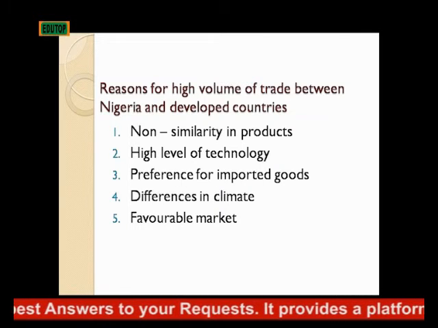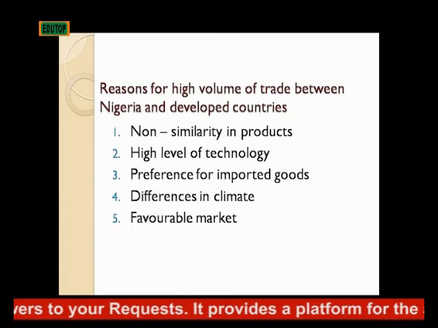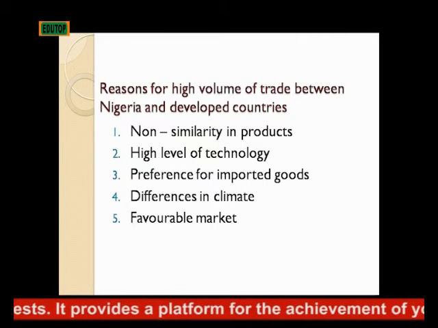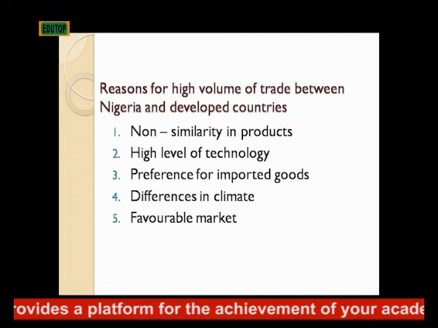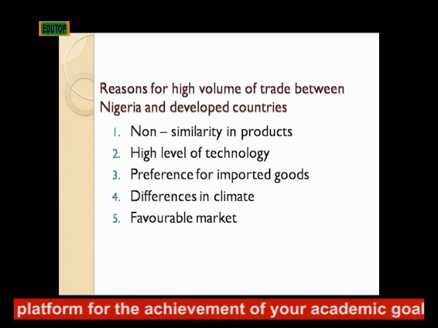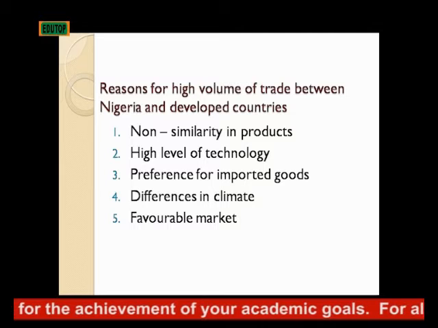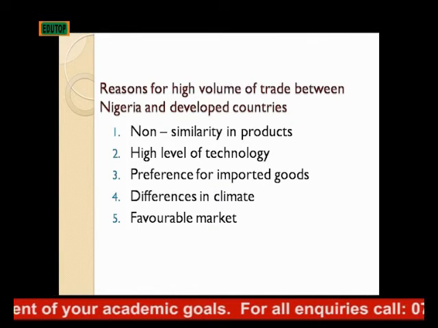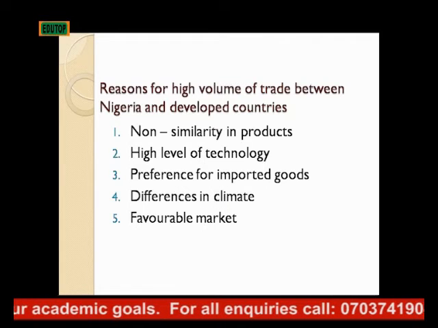Also, in Nigeria, there is preference for imported goods. Because of this, there is a high volume of trade between Nigeria and developed countries, because we depend so much on and prefer imported goods to locally made goods in Nigeria.